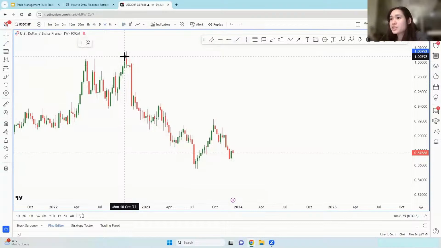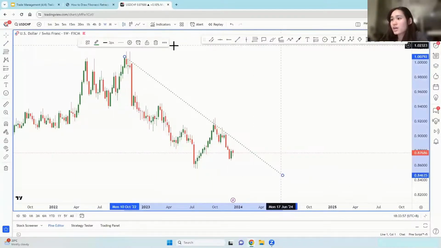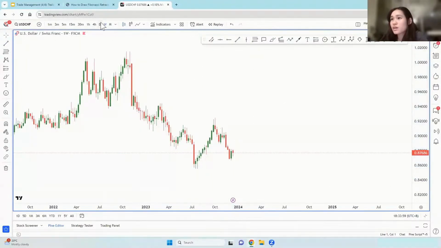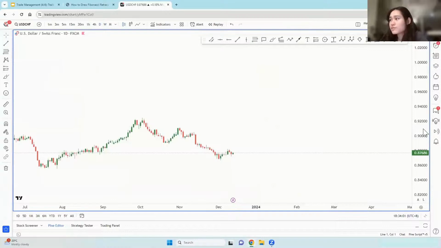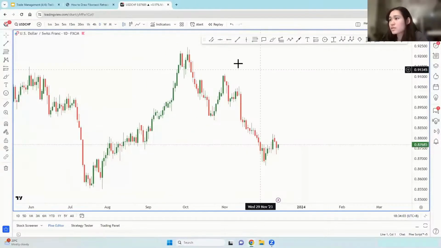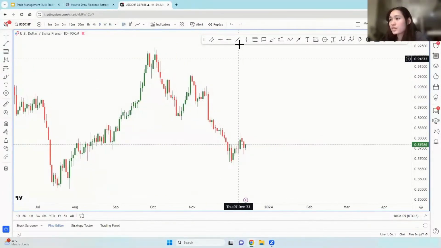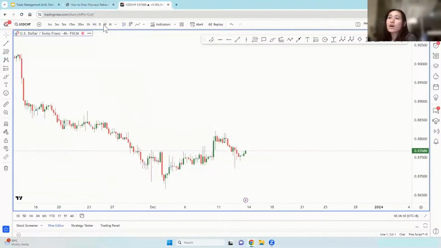It's pretty bearish. On our daily time frame, also pretty bearish.